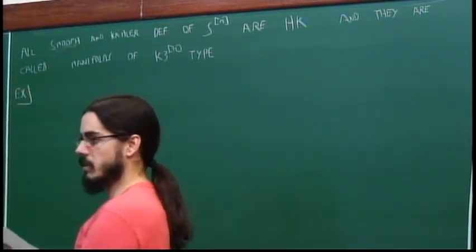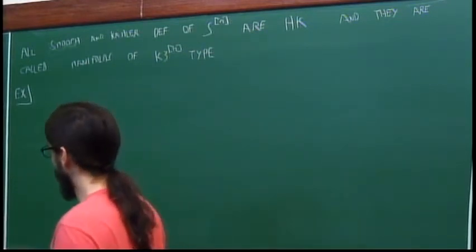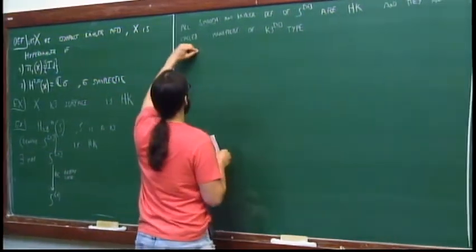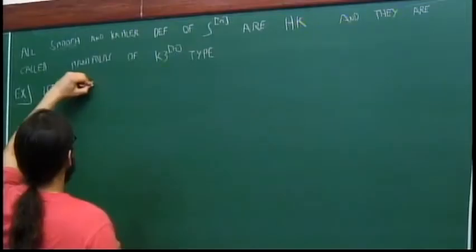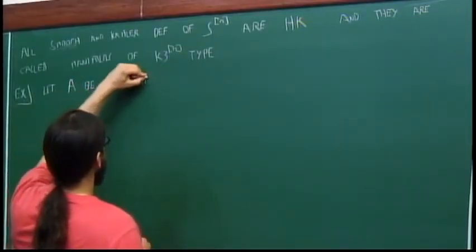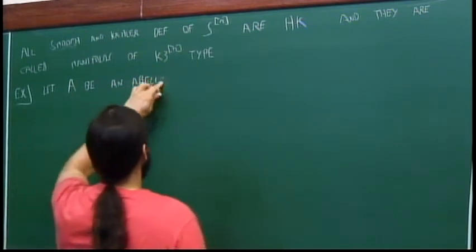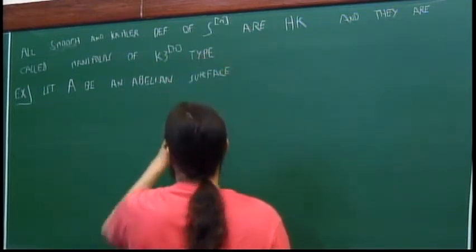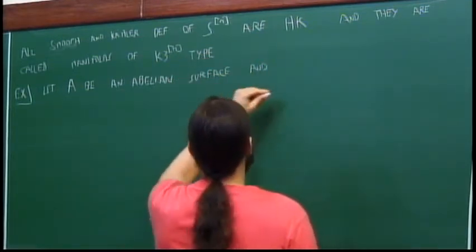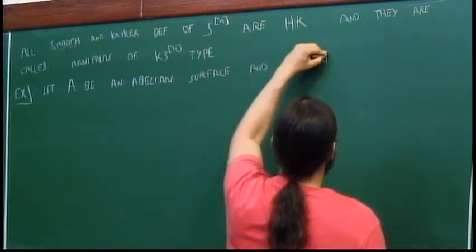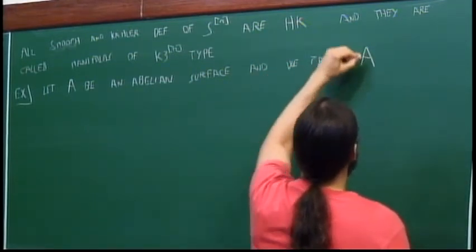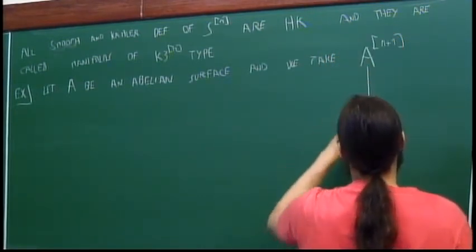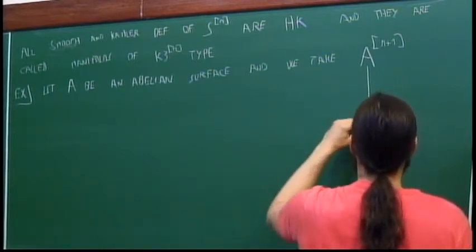A similar example are the generalized Kummer manifolds, which are roughly the same construction but with an Abelian surface. So we let A be an abelian surface, and we take the Hilbert scheme of n plus 1 points with its Hilbert-Chow morphism.